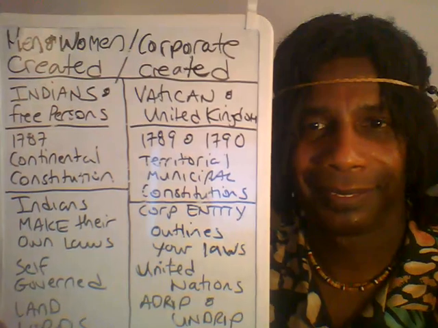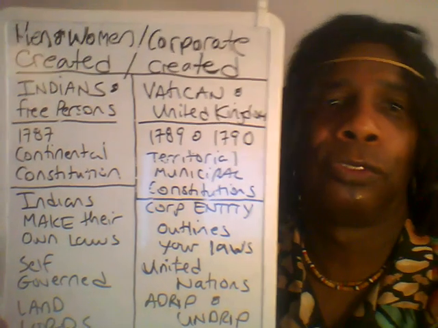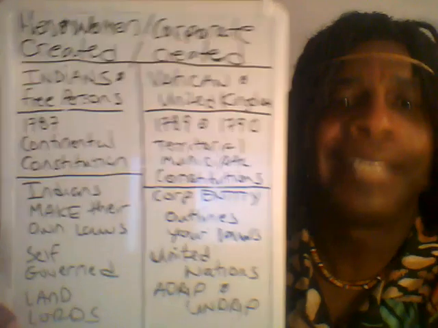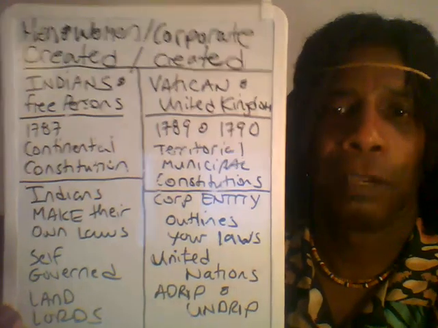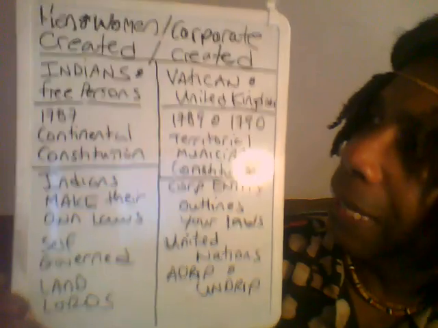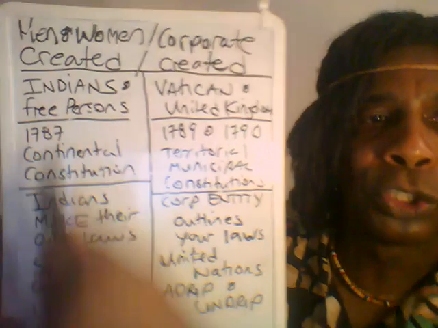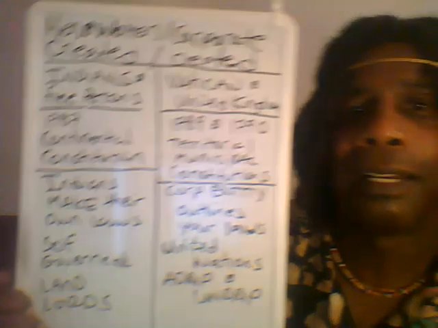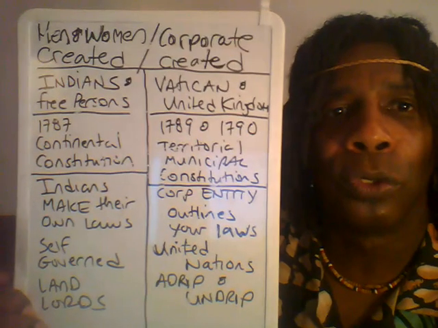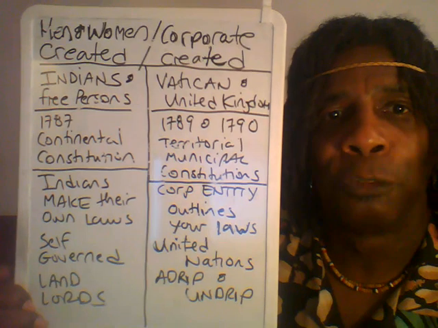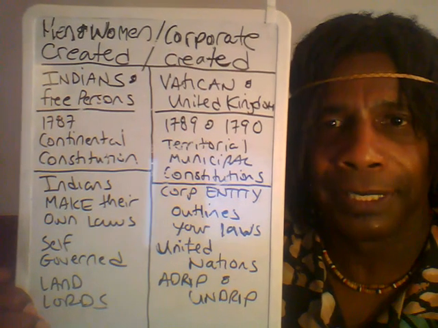So that's what we're going to do, make it a short 10-minute video. And this is the gist of Indian sovereignty, why we want to go back to Indians and free persons. Here there was no black and white. Here there's a black and white, because that's why you got the Negro codes. That's why you got the civil rights for African Americans.